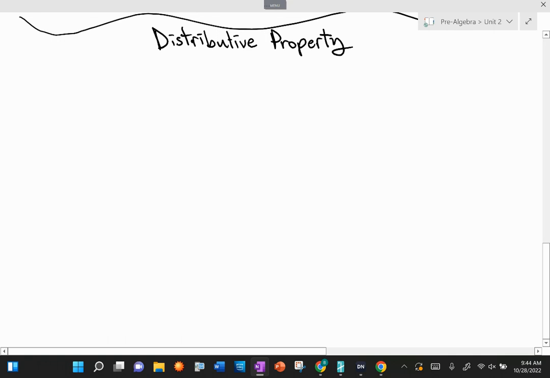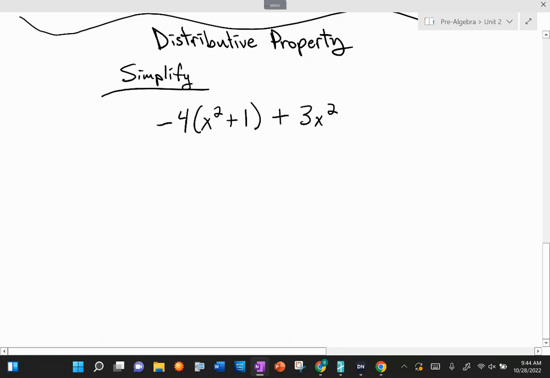Okay, distributive property. I'll come back when we do that. Okay, simplify this expression. We have -4, and then x squared plus 1 plus 3x squared.